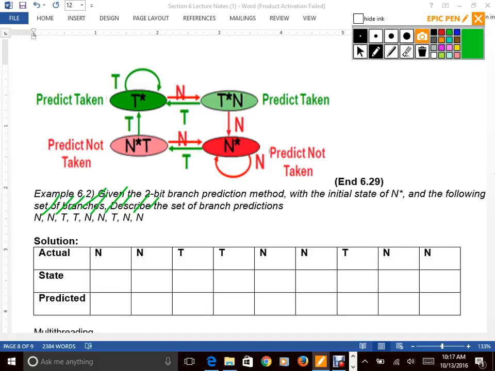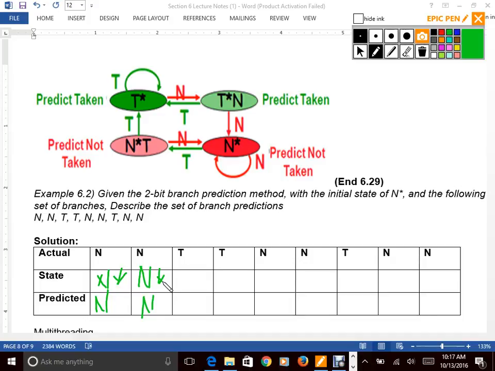So if we are starting out at N star, right? And we end up predicting that we're not going to take the branch. So we predicted N. And where do we actually end up? N star, correct? Because we actually just go back here. And it's the same thing here. So then we end up taking it, right?